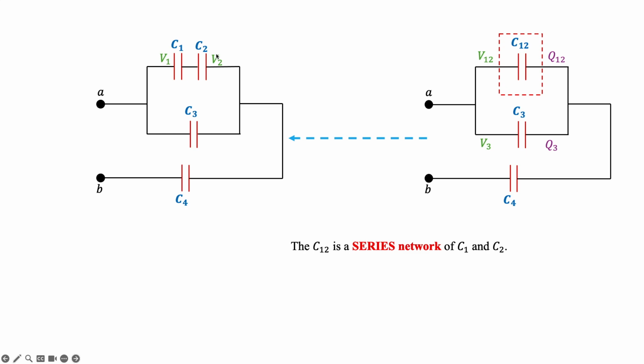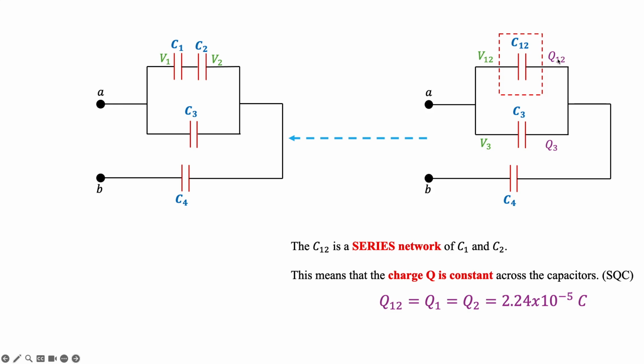So the same application that we had earlier means that the charge must be constant across this capacitor. That means that the charge at capacitor 1 and capacitor 2 must be the same, and in connection, that should be equal to the charge at the 1, 2 here for the combined capacitors.